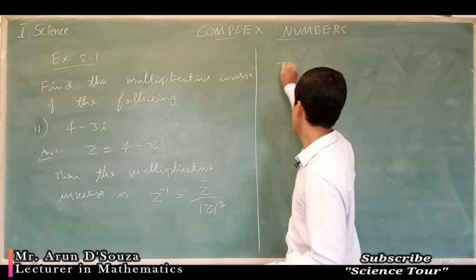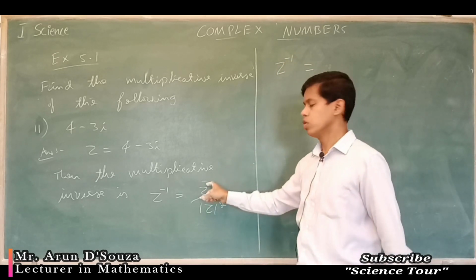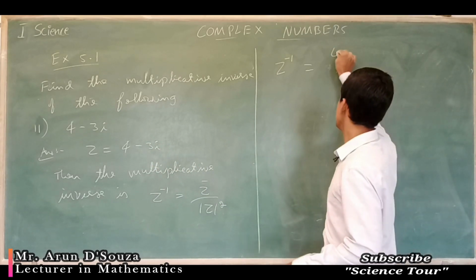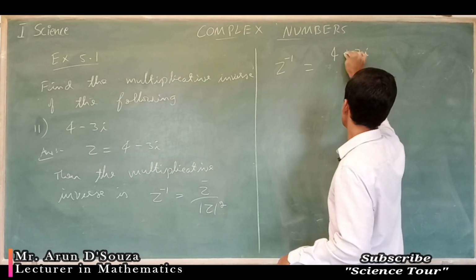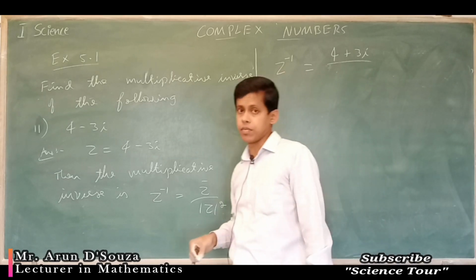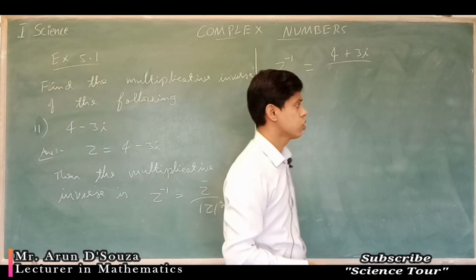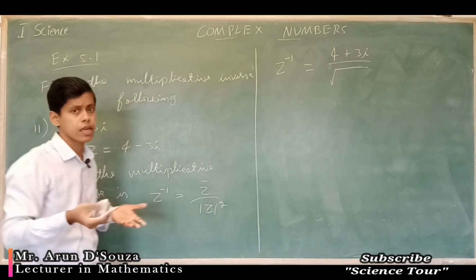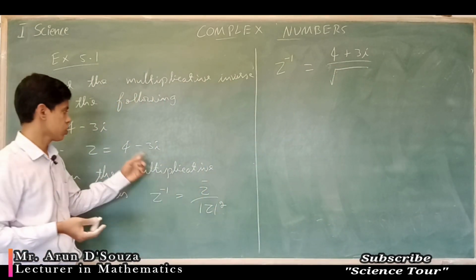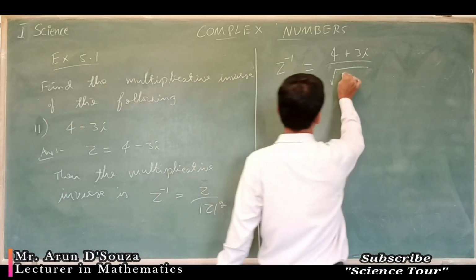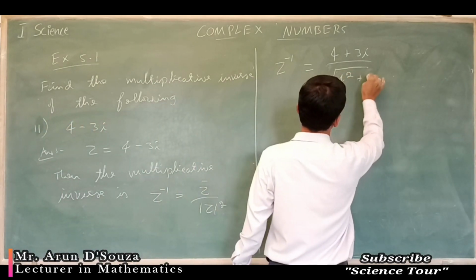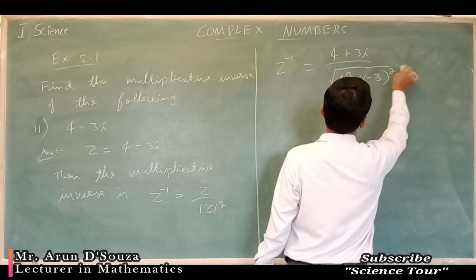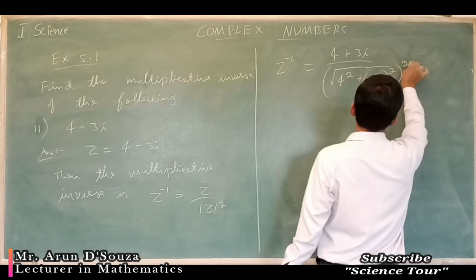So Z inverse is equal to Z bar, which is nothing but 4 plus 3i, divided by modulus of Z. So what is the modulus of Z? Square root of a square plus b square. So a square means 4 square plus minus 3 whole square, and then the square root of this.